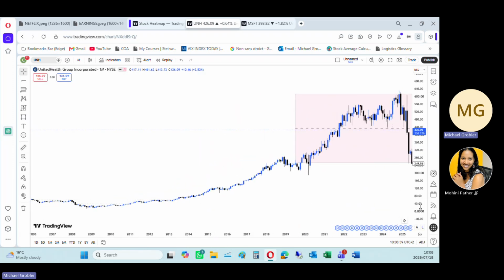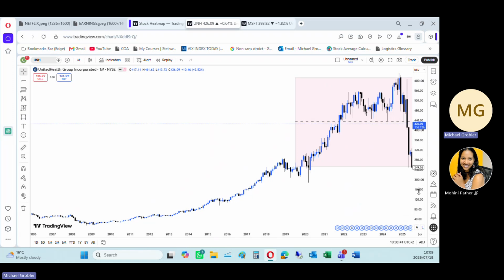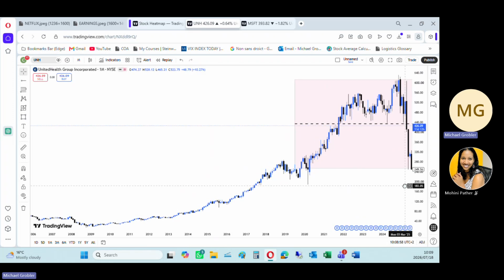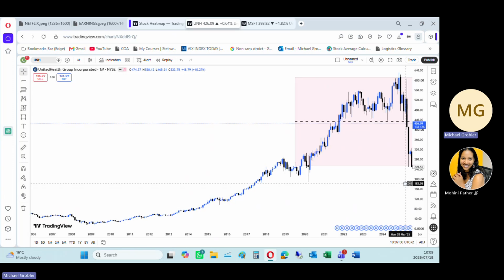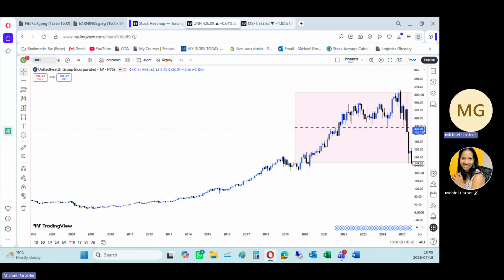Now, this is technically the largest insurance company in the entire world. This is sort of the Discovery, Bonitas, and every other form of insurance company you can think of, all in one in America. This is the one that they all get their insurance from. The biggest insurance health provider in America.